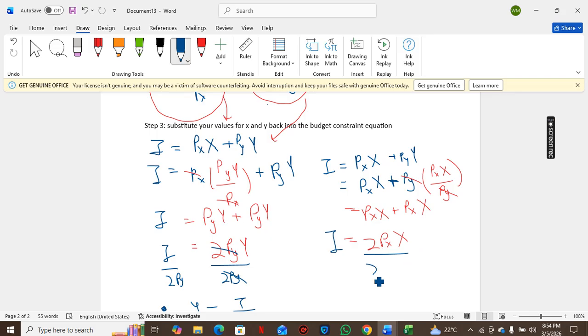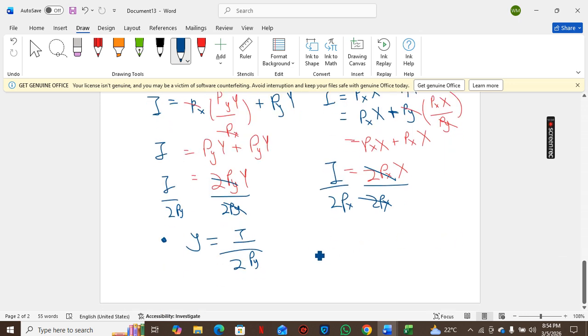Divide both sides by 2 PX and then x equals I over 2 PX. This is the Marshallian demand function for good x. How many units of good x can we buy with this income and this price?